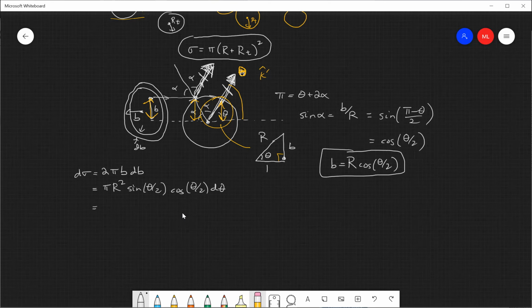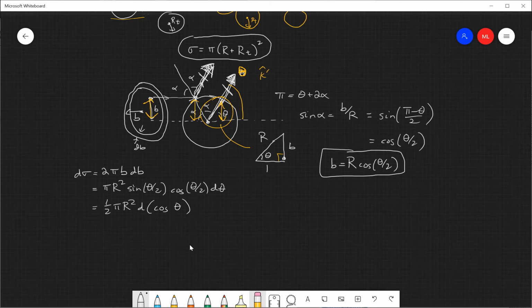The other way to write it would be 1/2 pi r squared times d cosine theta. Because this becomes sine theta d theta, you can use the double angle formula to combine the theta over 2 guys. So what does it mean?